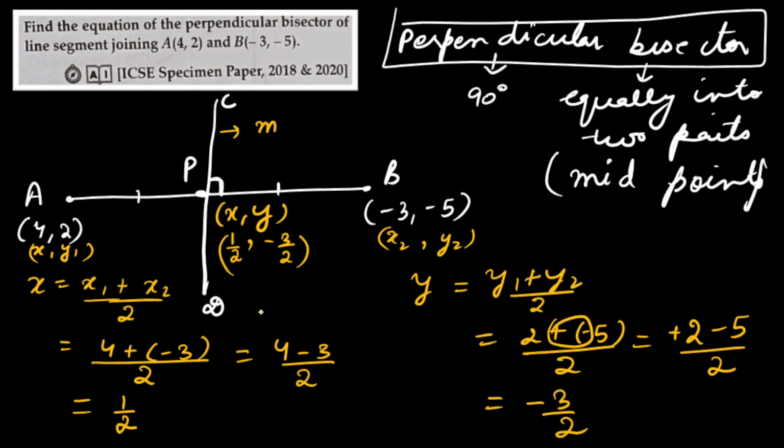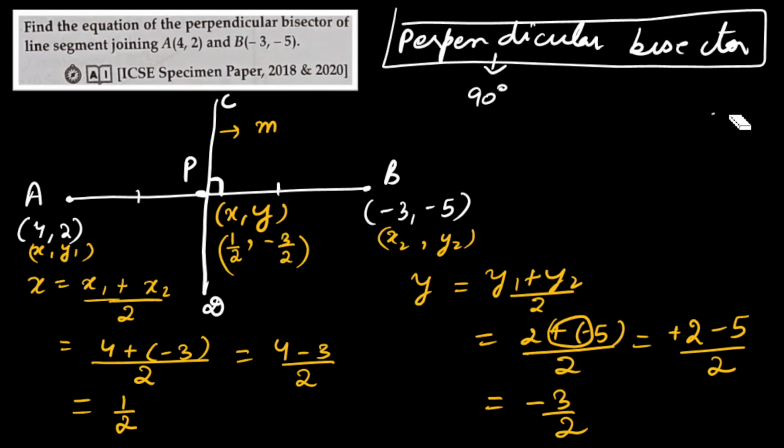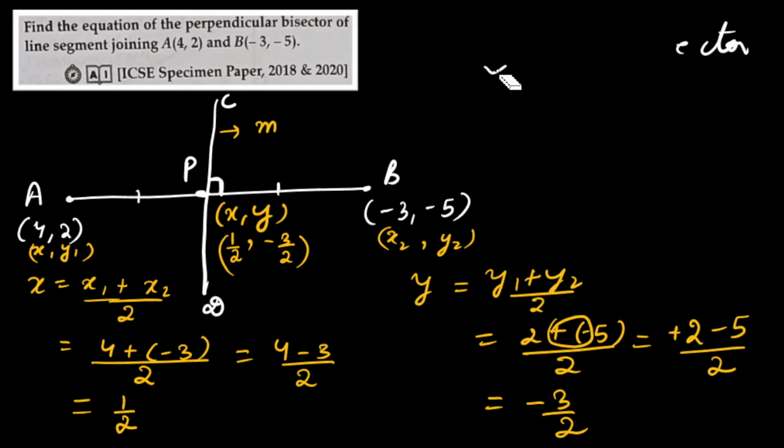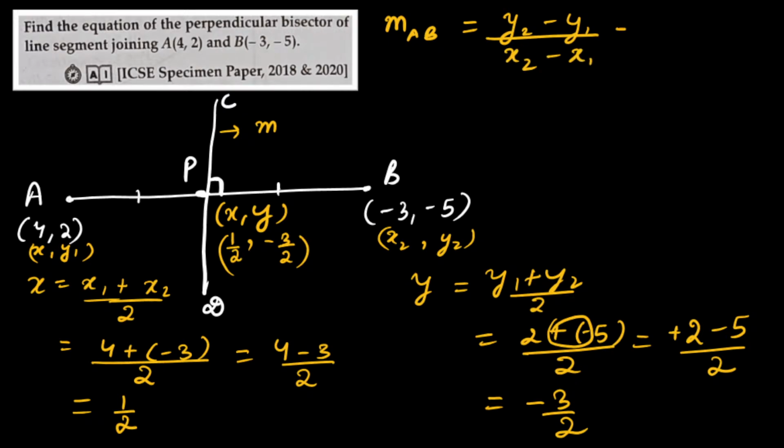So these coordinates we can use as x1, y1 when we find the equation of line CD. Now we have to find the slope. Since this line segment is perpendicular to AB, we will find the slope of AB using the slope formula. The slope formula is (y2 minus y1) by (x2 minus x1). y2 is minus 5 minus 2 by x2 is minus 3 and x1 is 4, minus 4.